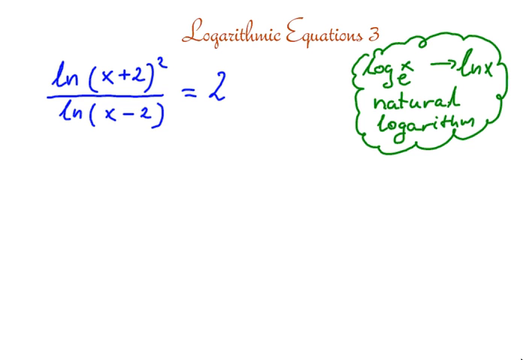Logarithmic Equations, Part 3. So what you see on the screen here, the little blurb, explains the new type of logarithm, ln x. Just imagine for a moment that if you were to write a logarithm to base e of x, you don't really see that anywhere.